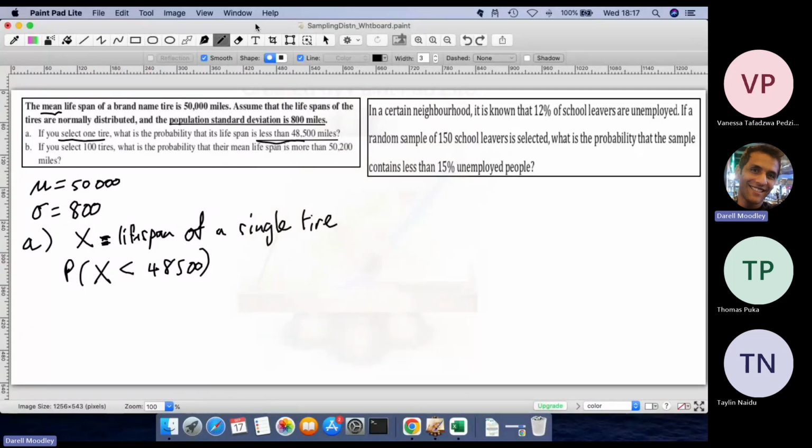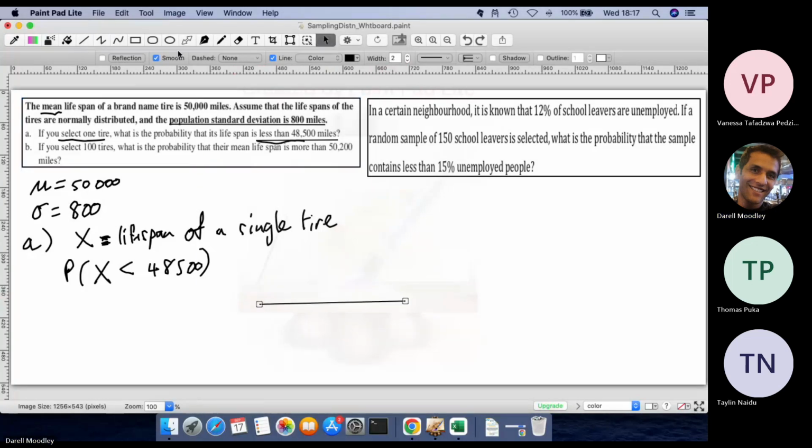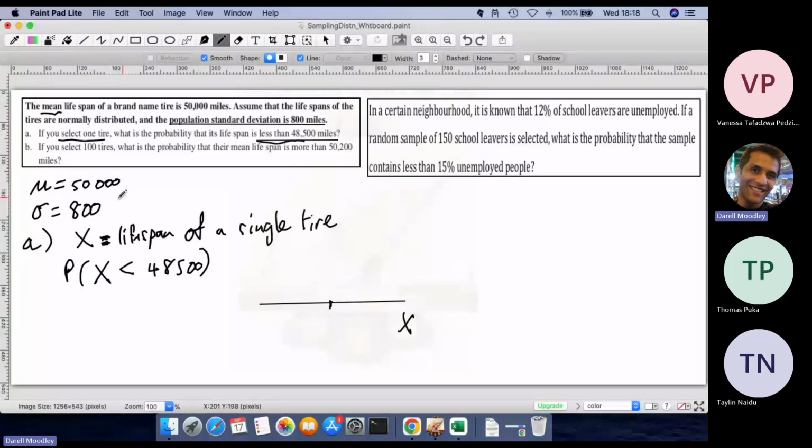So what they're asking us here, if I just sketch the diagram, and I encourage you to sketch it too. This is X, and it has an average here, centered at 50,000. It peaks at 50,000, then it dips again.